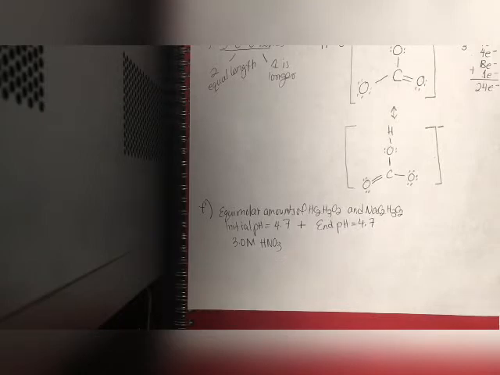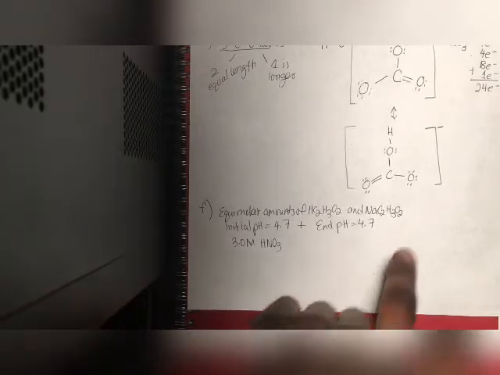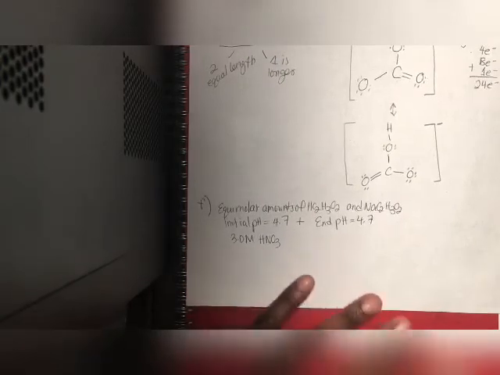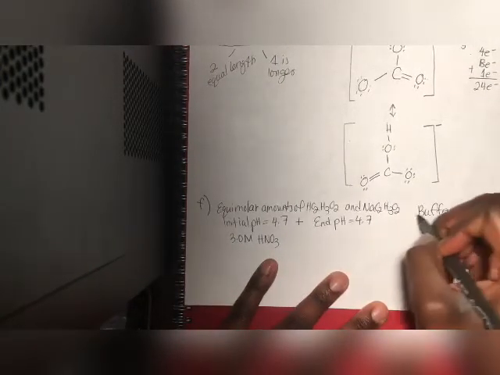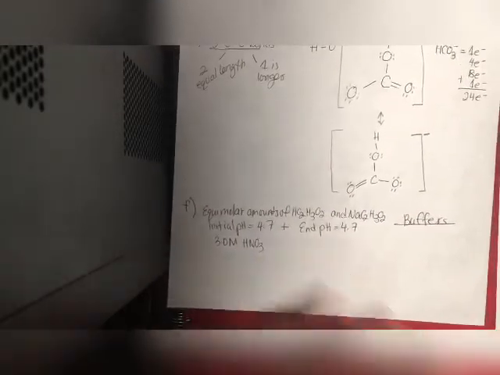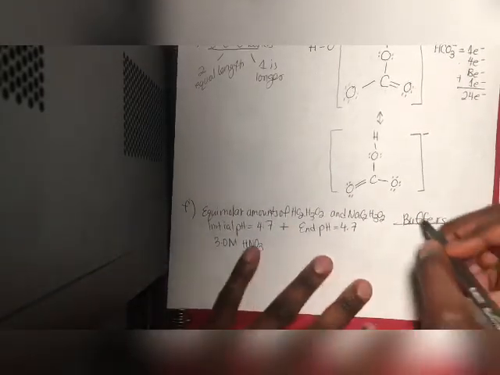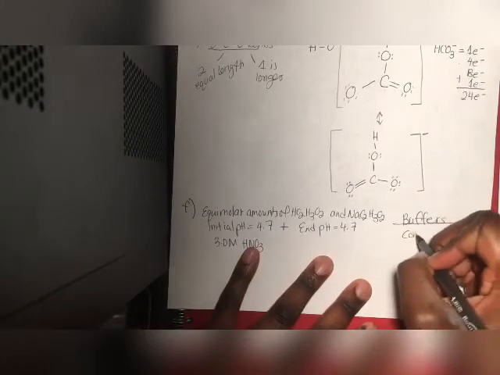So that last phrase, pH remaining at 4.7, hints at this being a buffer solution, right? So this question is testing our knowledge of buffers. And we know that the function of buffers is to control pH.